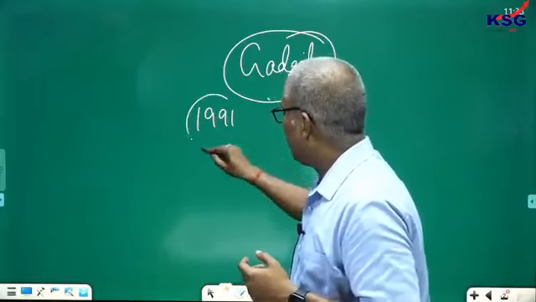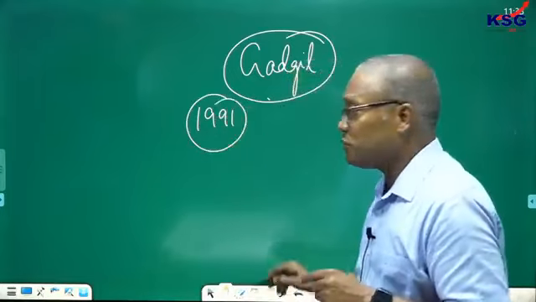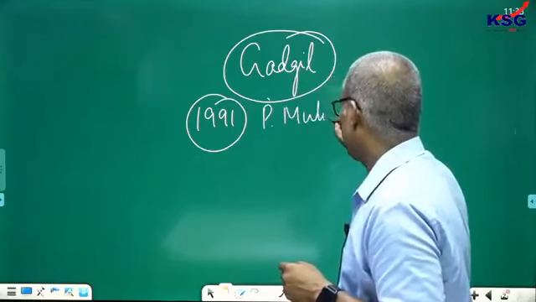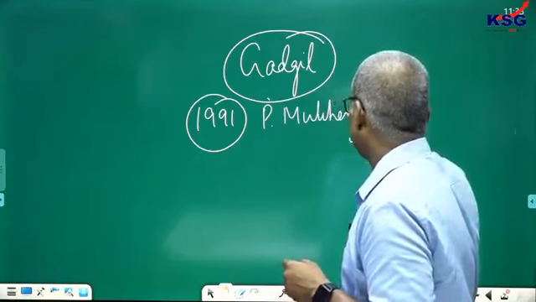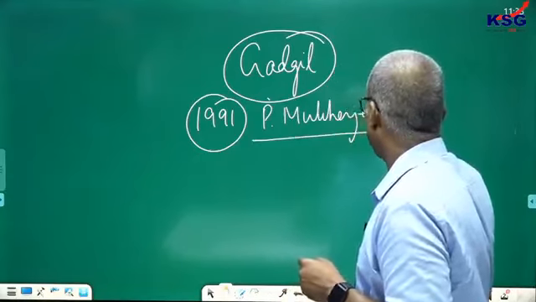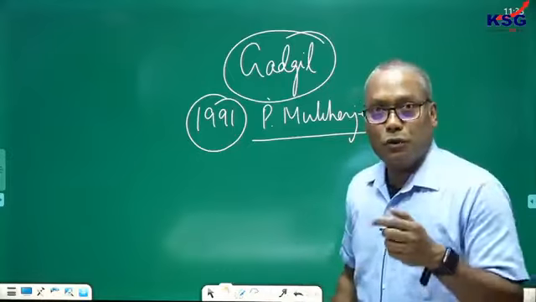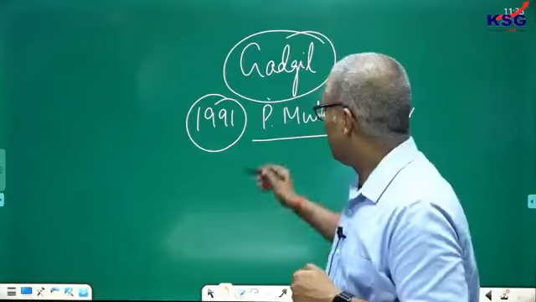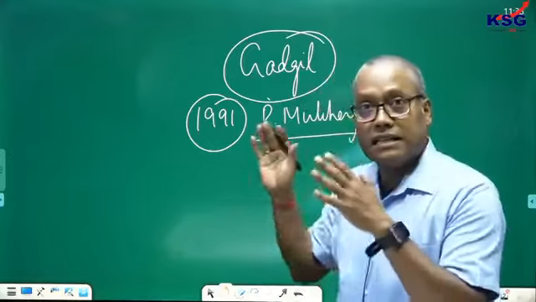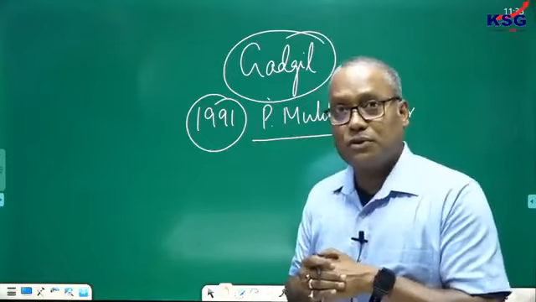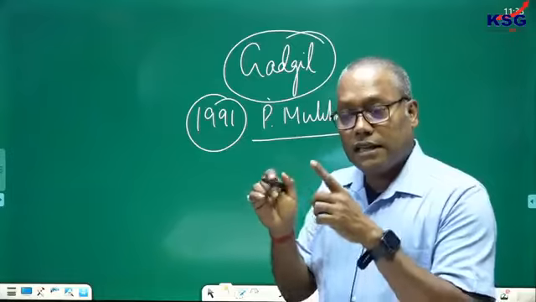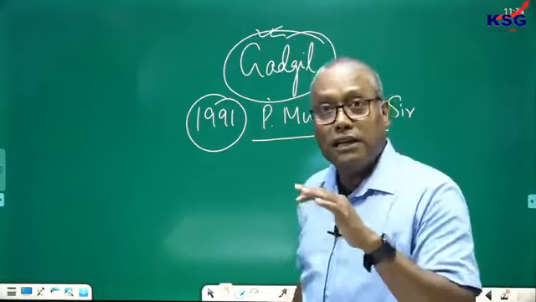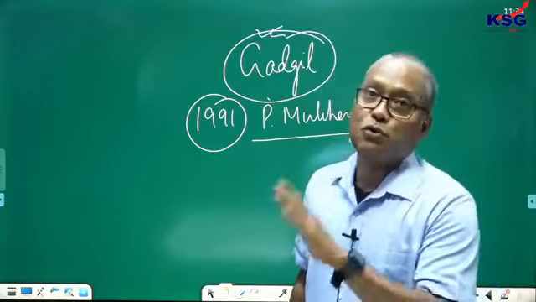But in 1991, again a committee was constituted under Pranab Mukherjee sir. You know that he was also our former president of India. So under his chairmanship a committee was constituted, and that committee was asked to review the Gadgil formula for giving planning assistance to states.